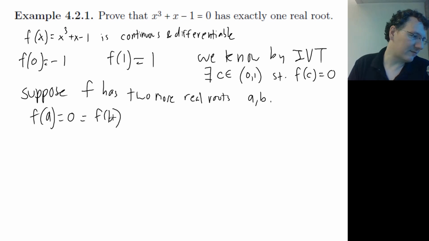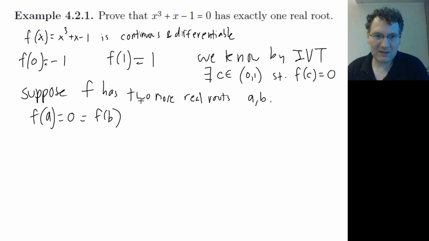And because this thing is differentiable, we know that there has to be some point in the range a to b where the derivative is 0. Well, what is the derivative? f prime of x is 3x squared plus 1.